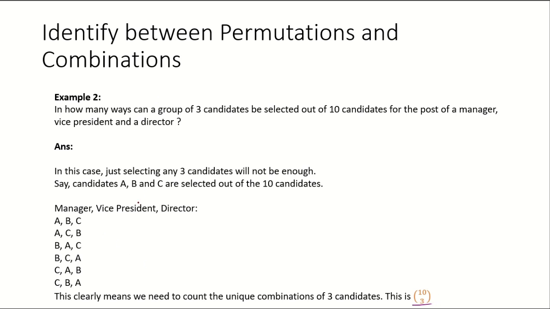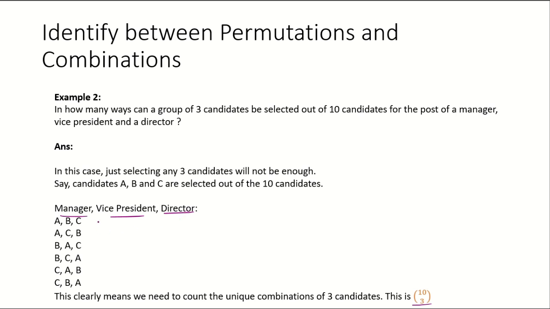Because say we have selected these 3 candidates, A, B, and C, out of the 10. Now, for the post of manager, vice president, and director, we could have A, B, or C, where A is the manager, B is selected for vice president, and C is selected for the director role. But it could also be that A is selected for manager role, C is selected for the vice president, B is selected for the director, and so on.